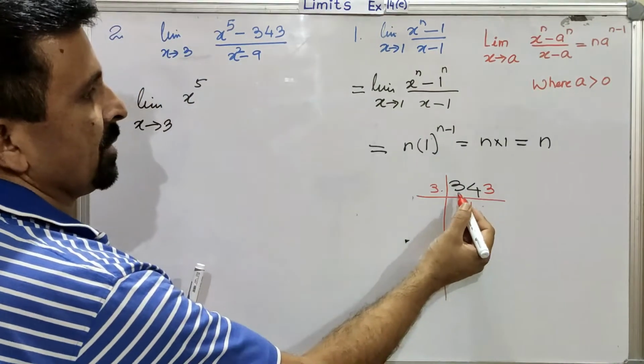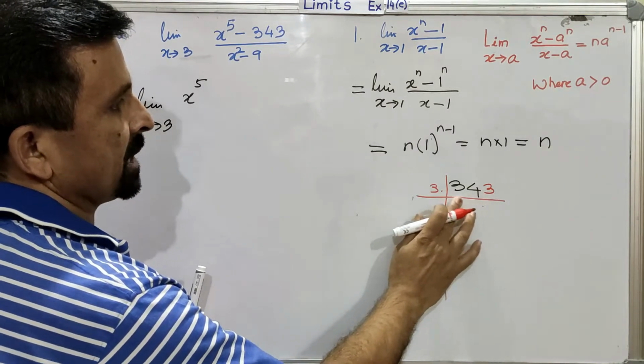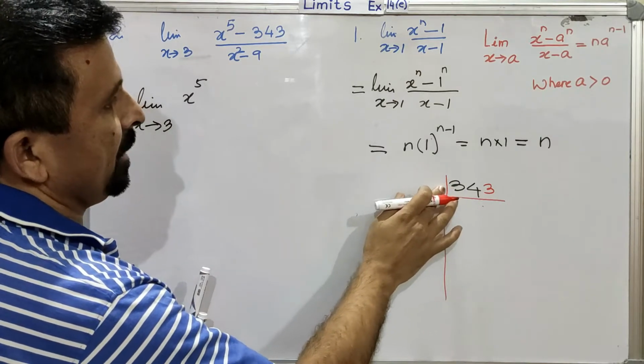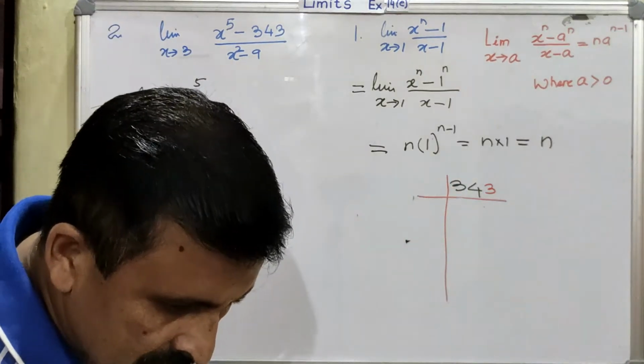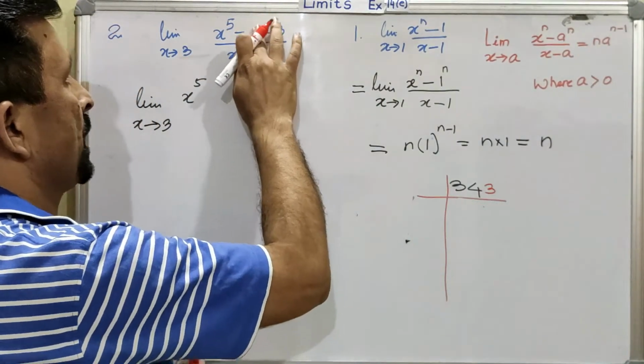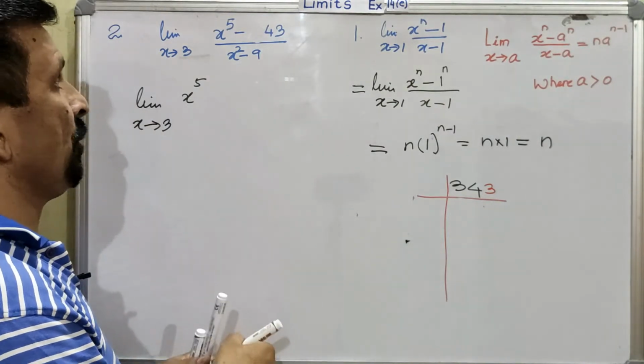So this will not go by 3, right? Oh sorry, the question itself is wrong. This is 243. The question is 243.